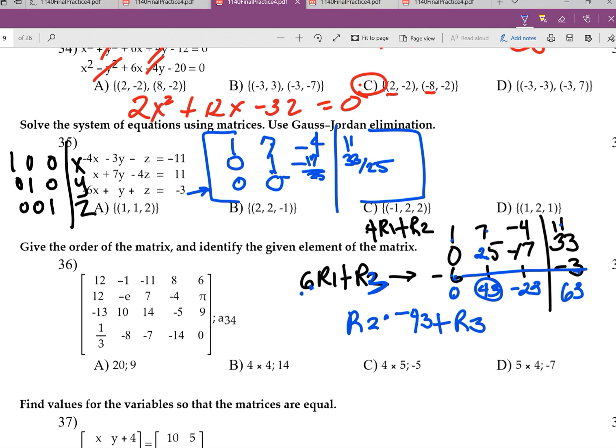And I'm going to add to that what I have in row 3, which is negative 23. And I've got a nasty fraction. Oh, this is getting ugly, people. This is getting really bad.